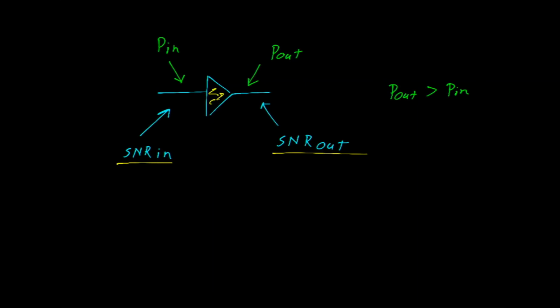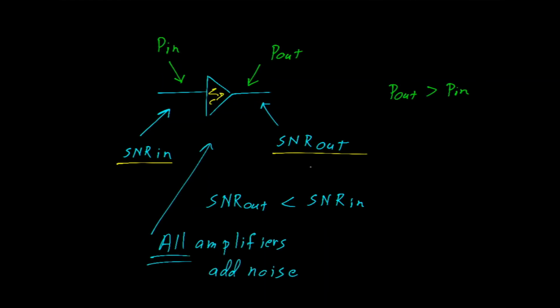So the signal-to-noise ratio on the output of the amplifier will always be worse than the signal-to-noise ratio at the input. We can write that as SNR out will be less than the signal-to-noise ratio on the input. Stated another way, all amplifiers add noise.